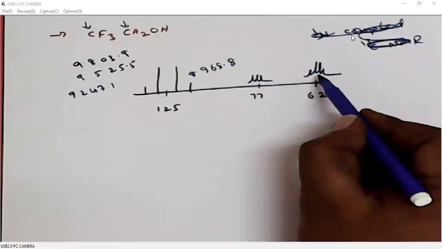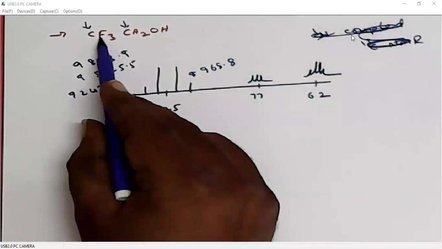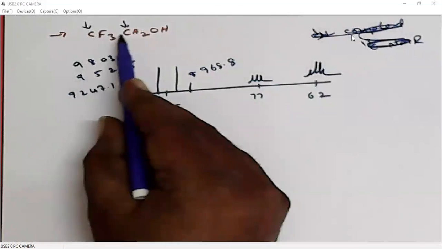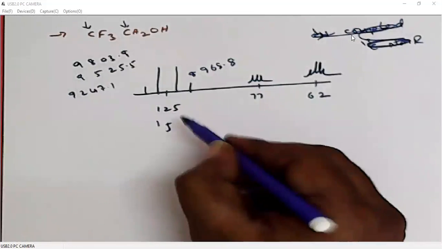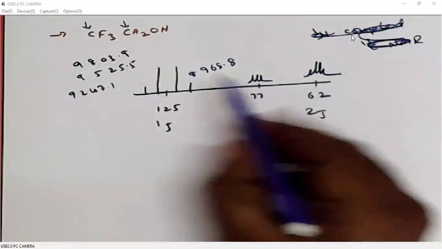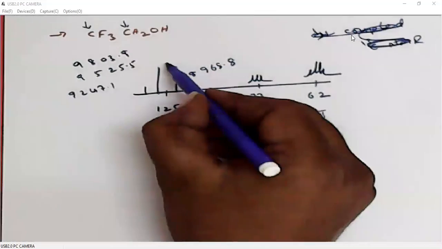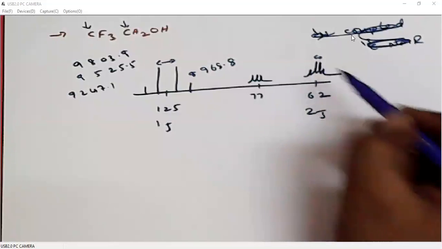This quartet results from the coupling between the fluorines and this carbon. This is a one bond coupling. This is a two bond coupling. So that is why here we have a large J value, and here we have a small J value.